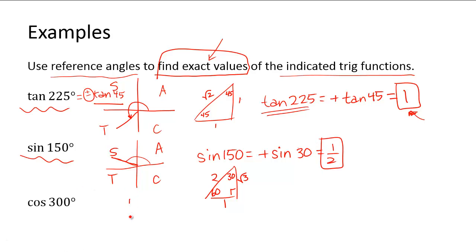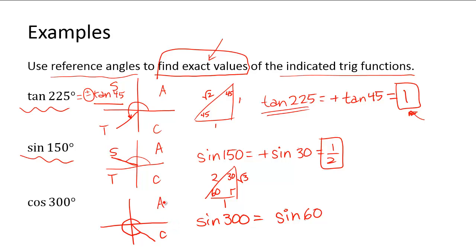And finally, let's take a look at cos of 300. Where's 300? Well, it's bigger than 270, but less than 360. So let's go 360 minus 300. So cos of 300 is going to be similar to cos of 60. But is it going to be positive or negative?